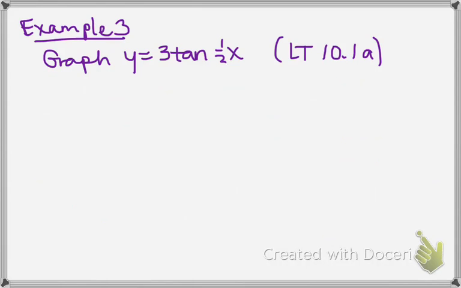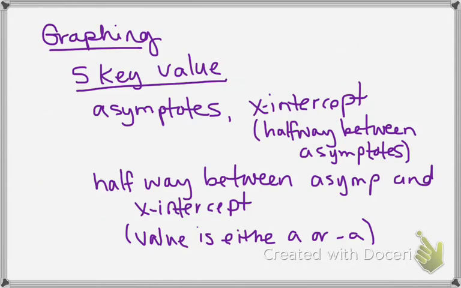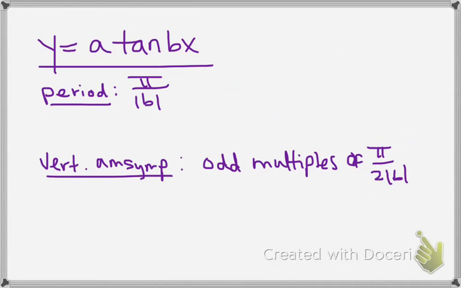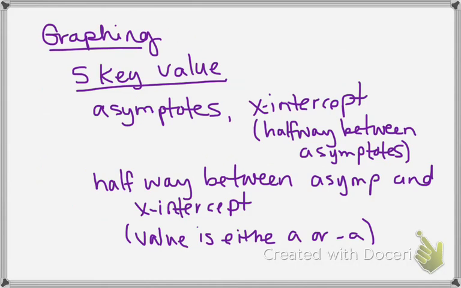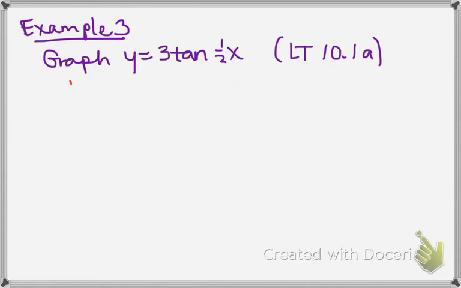So the first thing we want to do is figure out where those asymptotes are going to go. Remember, if we think back, the asymptotes are going to be at pi over 2 times b. Looking at this function, my b value is 1/2.